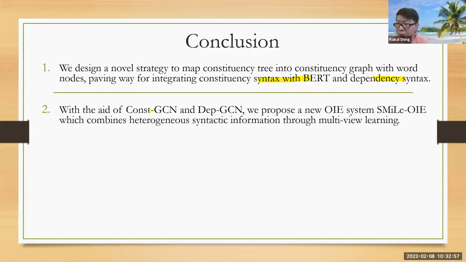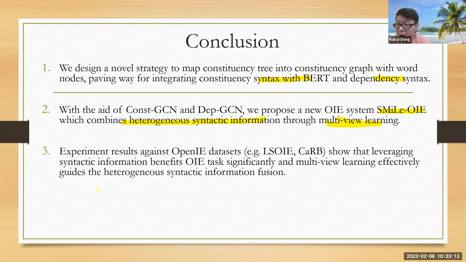Then with the aid of constituency GCN and dependency GCN, we proposed a novel method named Smell OIE, which is able to combine heterogeneous syntactic information through multi-view learning. That is our second contribution. Finally, experiments show that integrating syntactic information can benefit OpenIE, while multi-view learning can effectively guide the fusion of heterogeneous syntactic information.